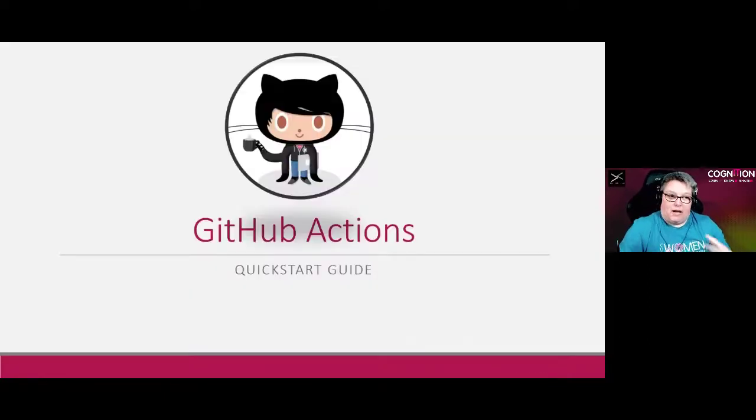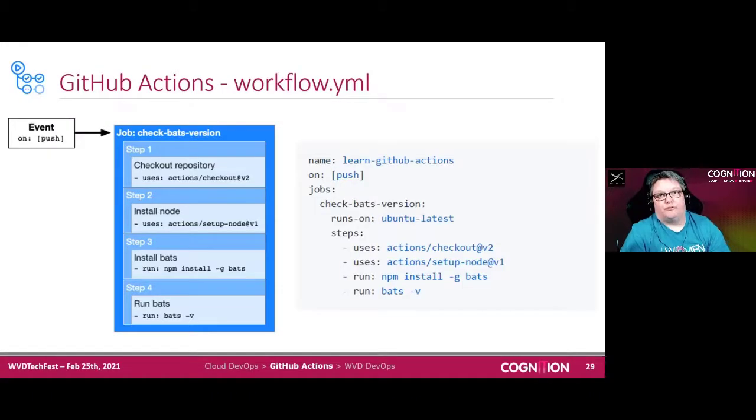So now that we have a starting point for GitHub Actions, I figured it would be more fun to take you through the different steps that I did to discover the actions. So once again, this is just an example of building your first workflow YAML file. Using an event, in this case, a push, that is going to be the trigger for this workflow.